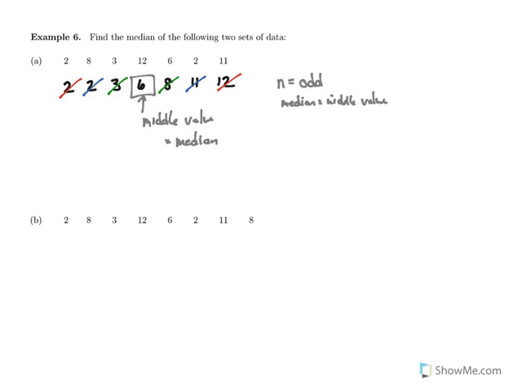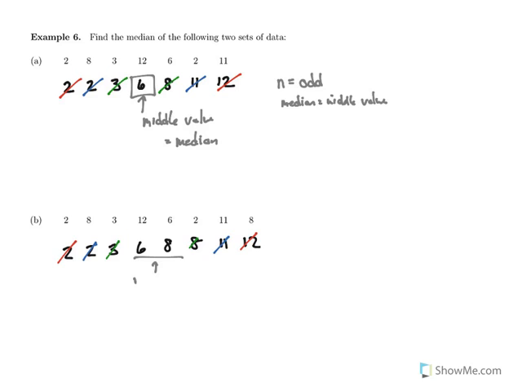In the next example, which we had before, where n is even, so again, let's arrange this from least to greatest: 2, 2, 3, 6, 8, 8, 11, 12. We added an extra 8 here. When we look at the median, we're canceling out the top and the bottom, the first and the last in order, but then we're left with 2.